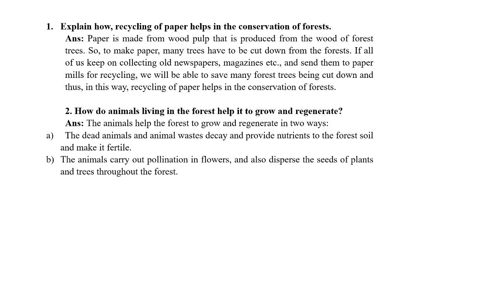All of us keep collecting old newspapers and magazines and send them to the paper mills for recycling. Then we will be able to save many forest trees which are about to be cut down, and in this way recycling can help the conservation of the forest, because ultimately paper is obtained from wood pulp, and wood pulp is obtained from the wood of the trees of the forest.